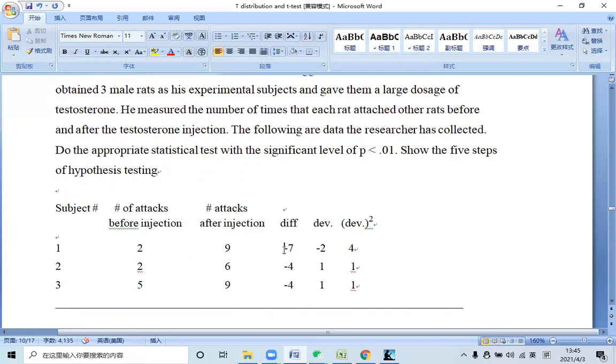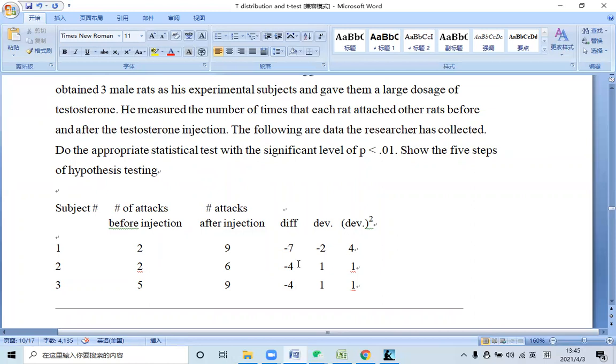And then you calculate the difference. The first one got an increase of 7. Second, increased by 4. Last one, increased by 4. The difference differs.